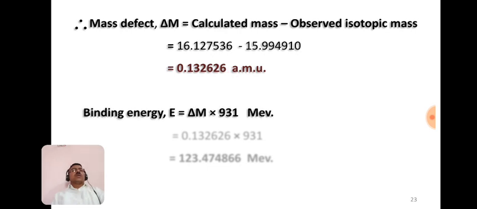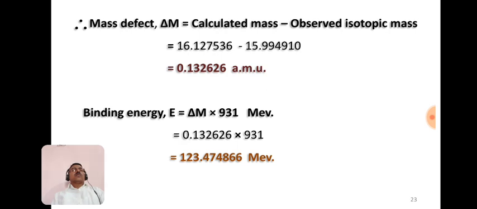Also, we have calculated the binding energy using this formula, delta M, that is mass defect, into 931. So we have the mass defect value, 0.132626 into 931, and it is equal to 123.474866 MeV. Up to this we have already calculated.